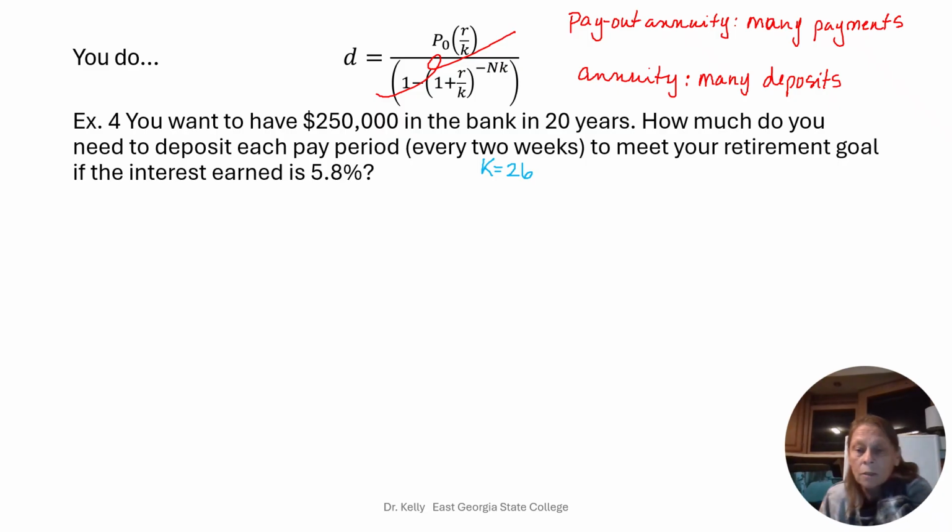Let's go back to the question: how much do you need to deposit each pay period? That tells us straight away that we're dealing with an annuity. This isn't the correct formula, so I'm going to write the correct formula over here for the annuity.